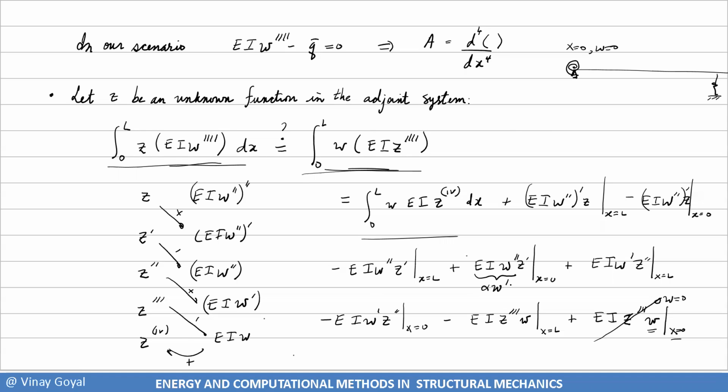Now let's look at x equals L. So at x equals L, I can now also substitute the boundary conditions. If I look at that term, if you recall, EI w double prime is 0 from the boundary conditions. So substitute the boundary conditions, that goes to 0. And if you recall at x equals L, EI w triple prime, where is that term?